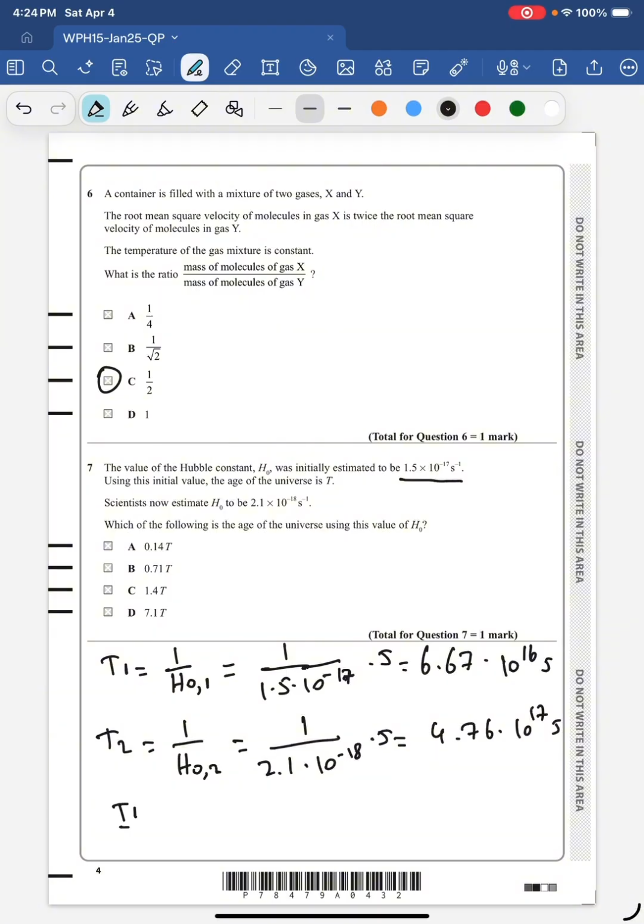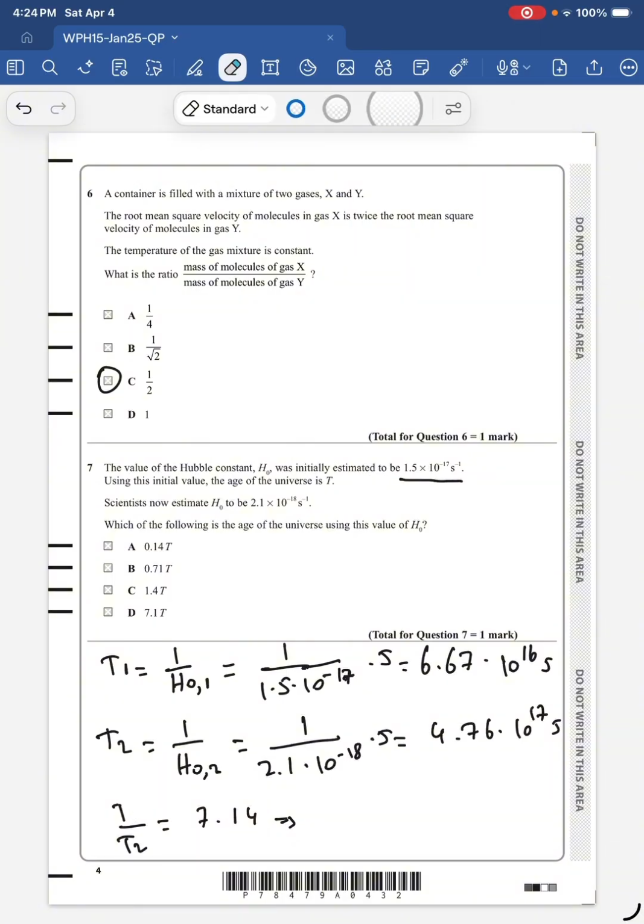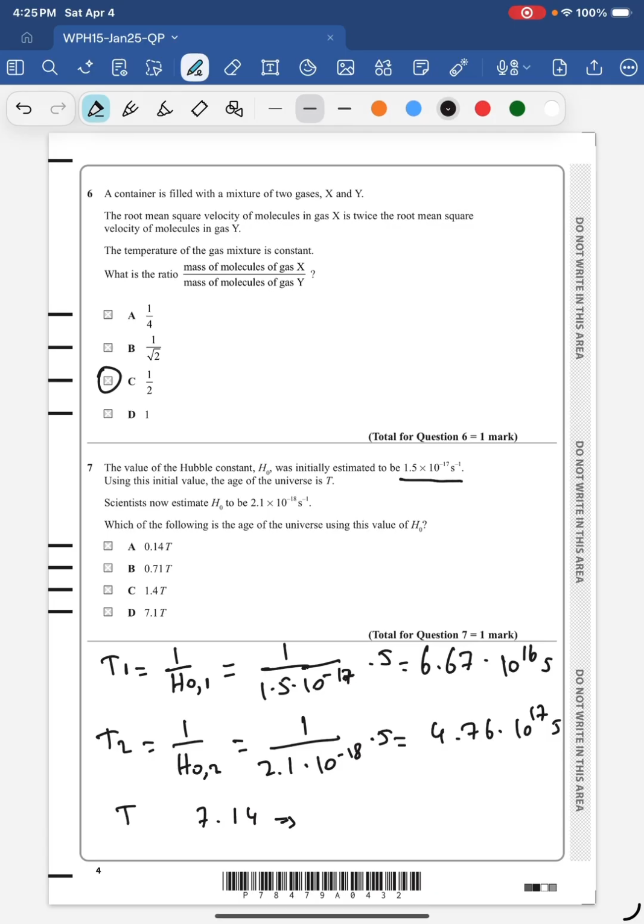So if we divide t2 over t1, we will find 7.14. So t2 over t1 is 7.14. Therefore, t2 is about 7.1 t.